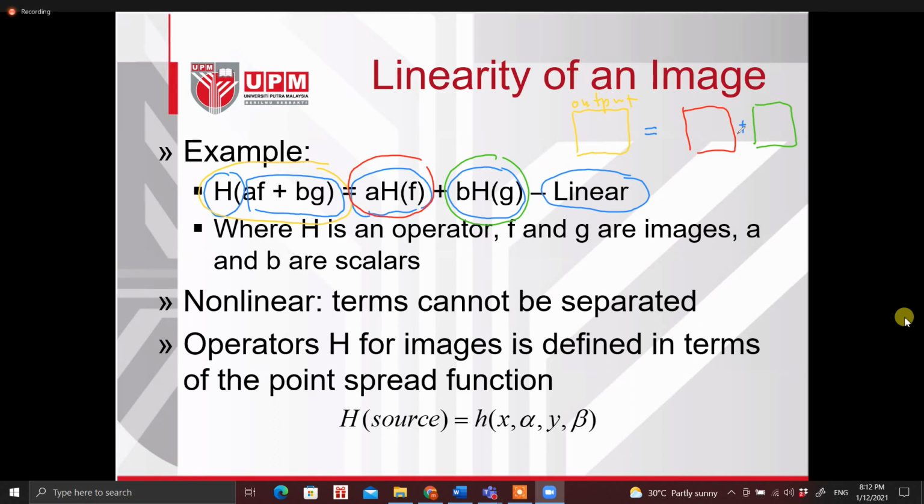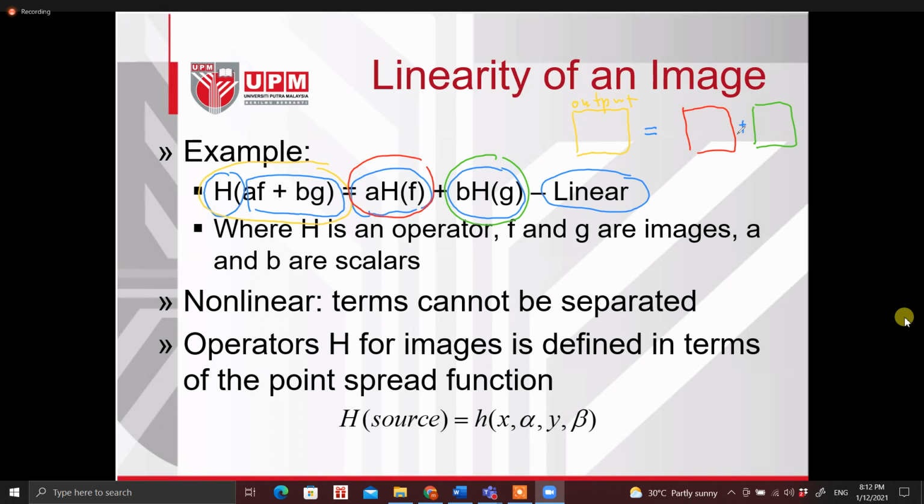And if I go from the right side of the mathematical expression back to the left, if you have many individual images and you add them together, it will be equal to the output image on the left side. So this is what we call linearity in an image.